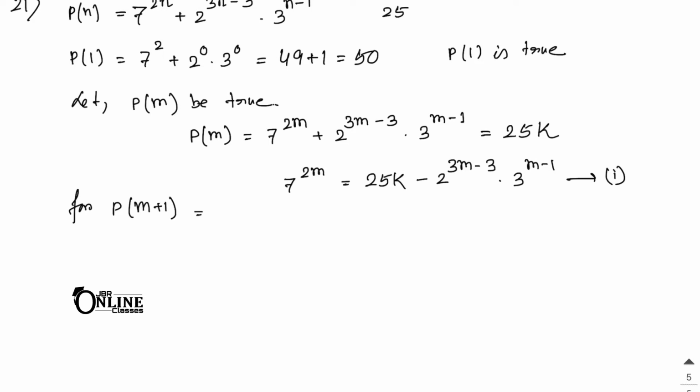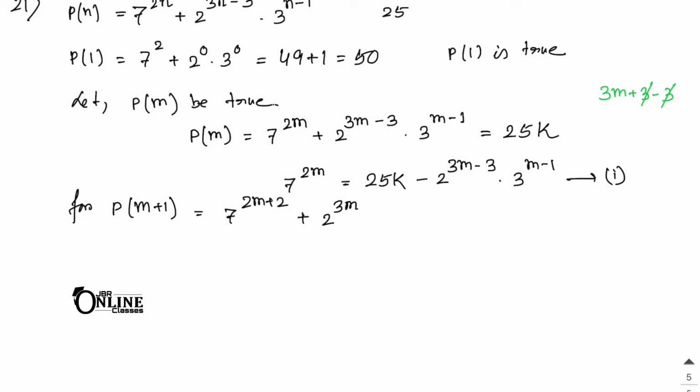So Pm plus 1 means 7 to the power 2m plus 2, because in place of m you can put m plus 1. So it will be 2 to the power, now 3 into m plus 1, remember, so it will be 3m plus 3, then minus 3 cancels out, so you have only 3m.